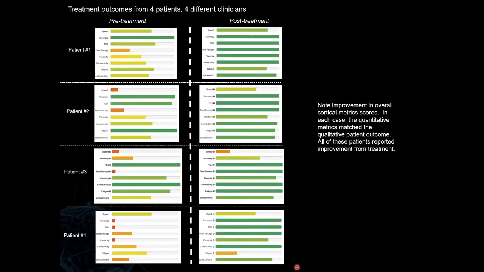So we have 4 examples on this page showing pre-treatment versus post-treatment on 4 different patients who were treated by 4 different clinicians for 4 different neurological conditions. In each case, the cortical metrics appear to reflect the improvements that those patients experienced in their condition.